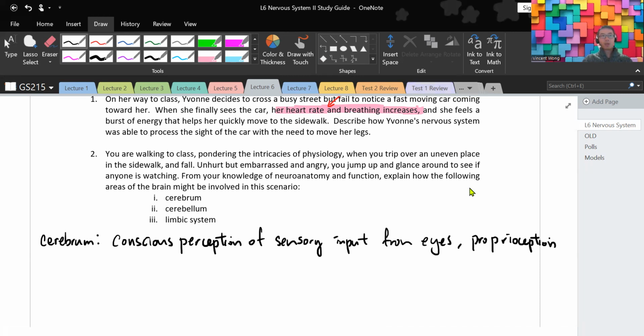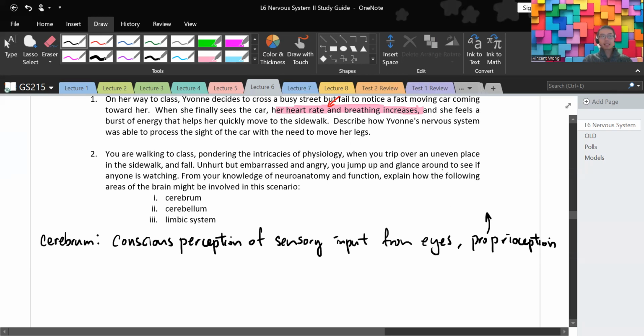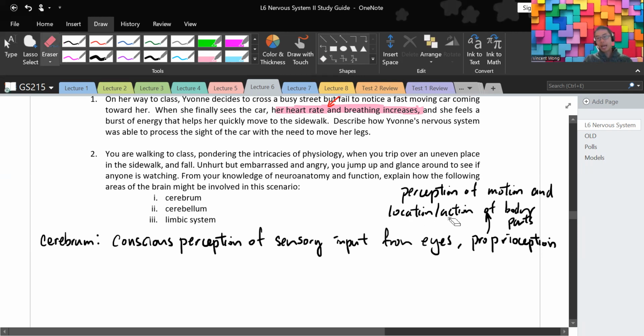which is basically a big word for the perception of motion, like how you are moving, and the location and action of body parts. In other words, do the location and action of your body parts match the current motion of the body?